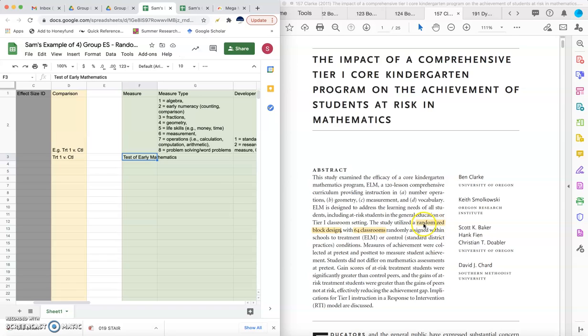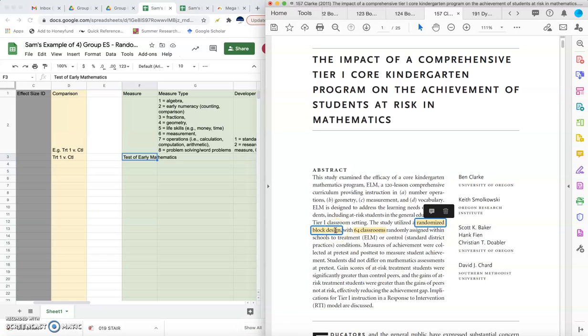You can see here it says randomized block design. That's usually a key. Or if they talk about the number of classrooms, here it specifically says utilized a randomized block design with 64 classrooms randomly assigned within schools to treatment or control. So if my classrooms are what is being assigned, that means my students aren't independent, so I need to think about how I can capture that impact of the teachers.